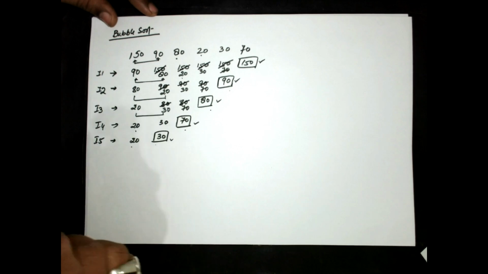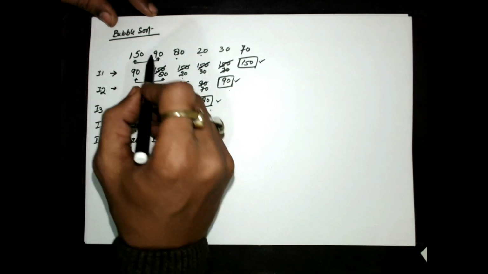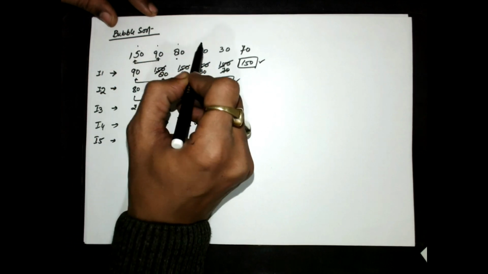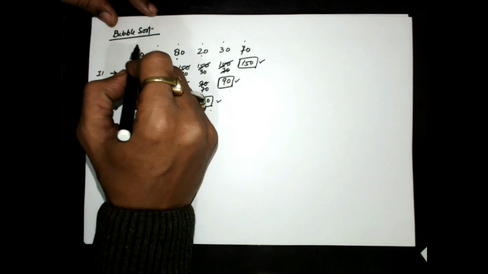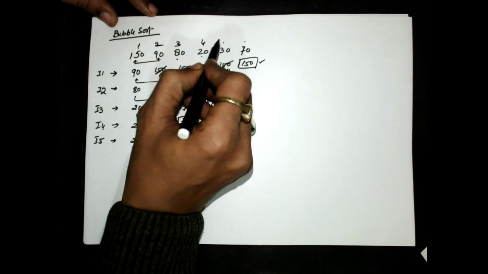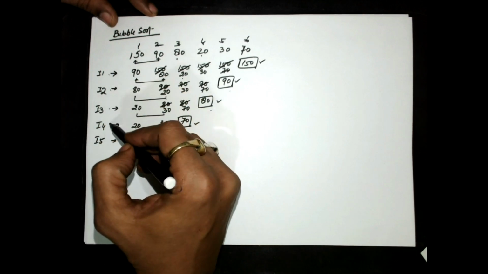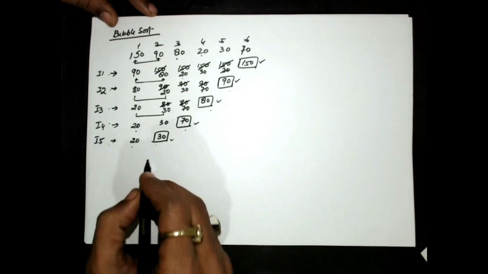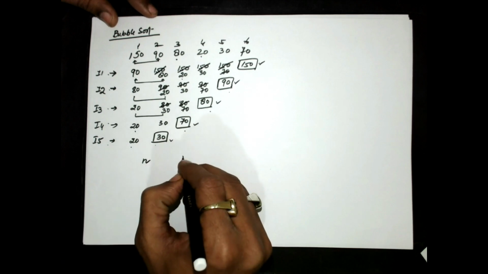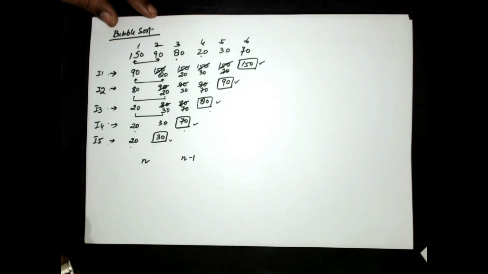Here we had 6 elements and we performed 5 iterations. So if I have n elements, then I will perform n minus 1 iterations.